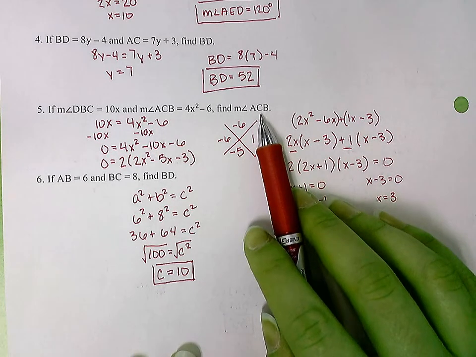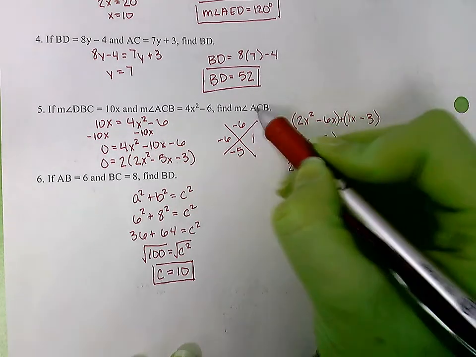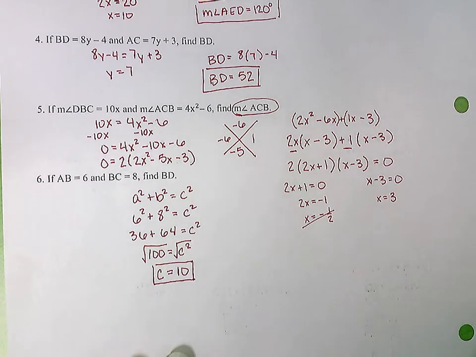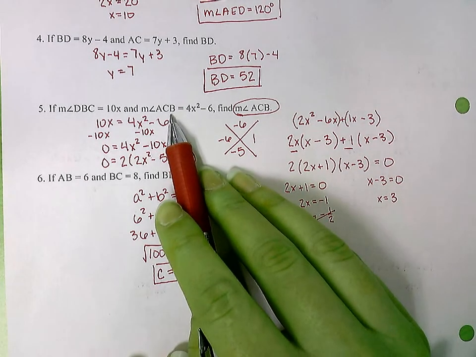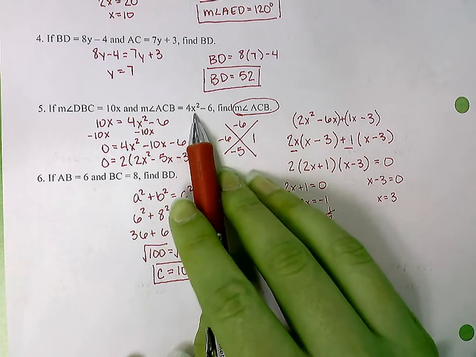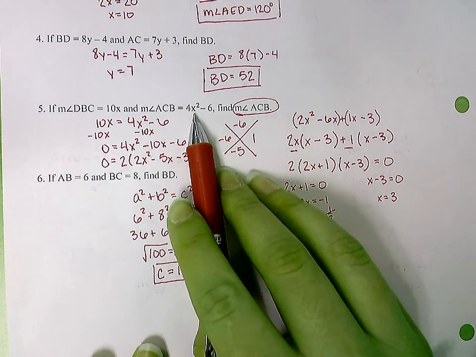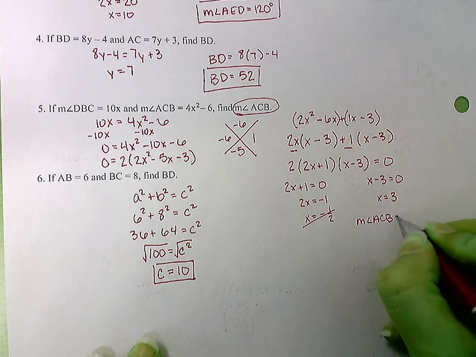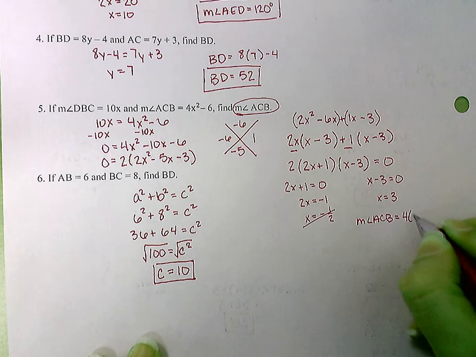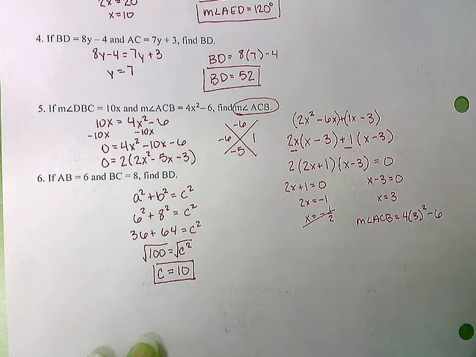In this problem, just to finish it up really quick, we were looking for the measure of angle ACB. So I need to plug in what I found for x, which is 3, here. Okay, so the measure of angle ACB will be equal to 4 times 3 squared minus 6.